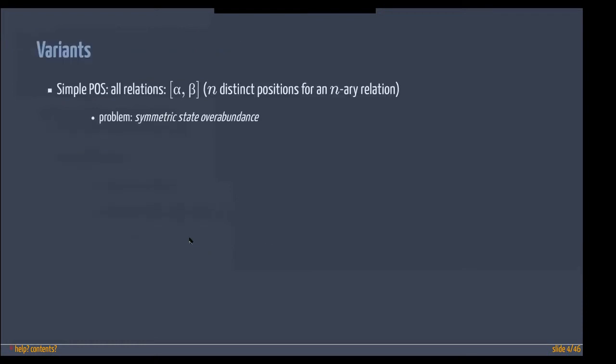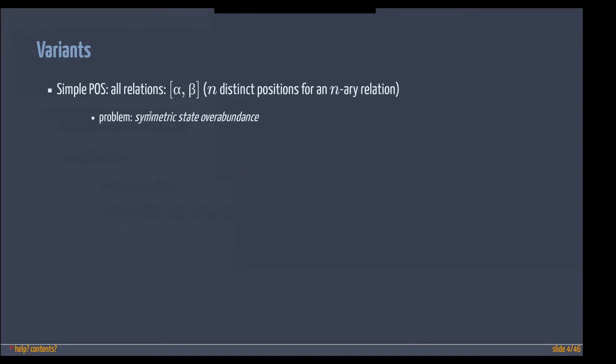So there are basically two variants of positionalism, or two which I find important. The first one holds that an n-ary relation has n distinct positions. So a binary relation would always have two positions. But while this is good for accounting for the differential application of non-symmetric relations, we run into trouble with regard to symmetric ones, because when we have two distinct positions, there are always two ways for two objects to be assigned to these positions.